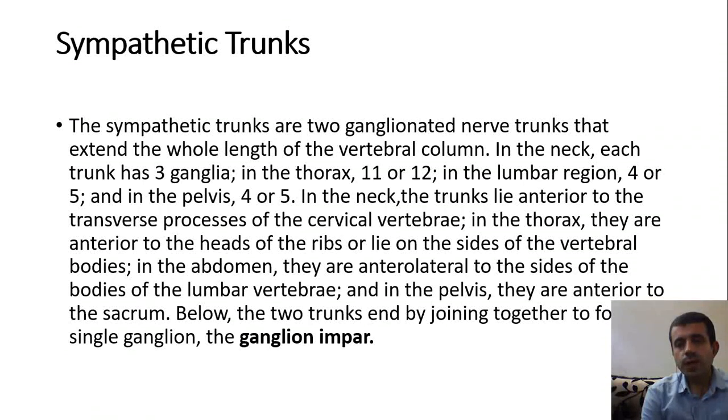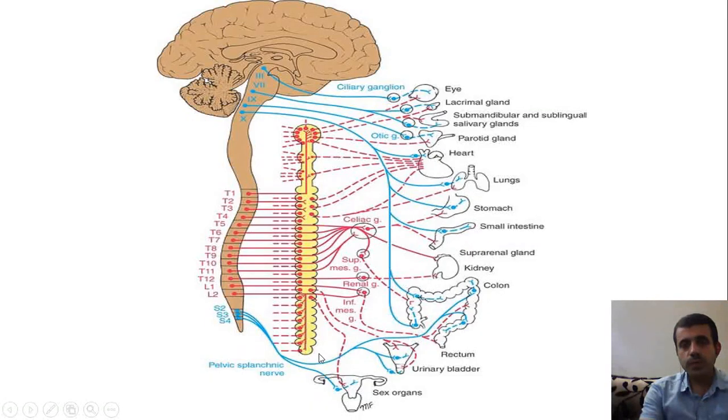In the thorax, they are anterior to the heads of the ribs or lie on the sides of the vertebral bodies. In the abdomen, they are anterolateral to the sides of the bodies of the lumbar vertebrae. In the pelvis, they are anterior to the sacrum, and below, the two trunks join together to form the ganglion impar.